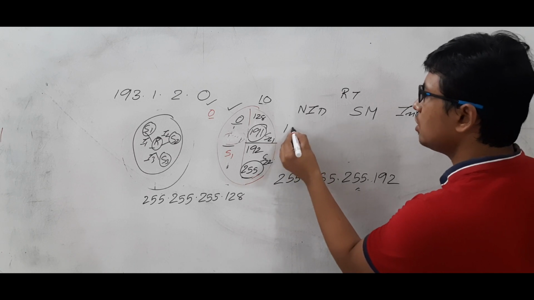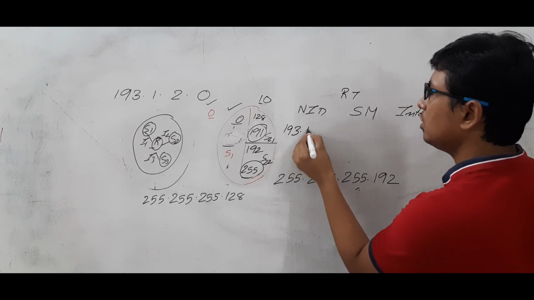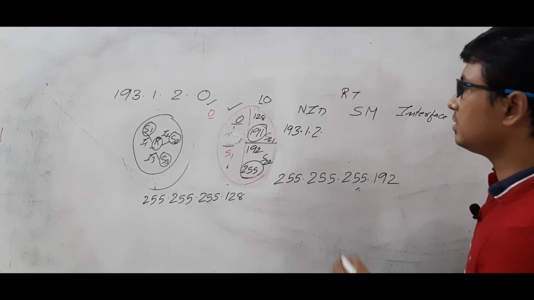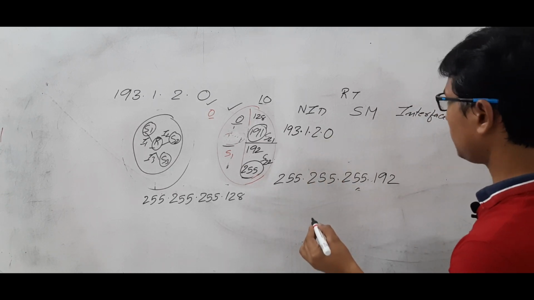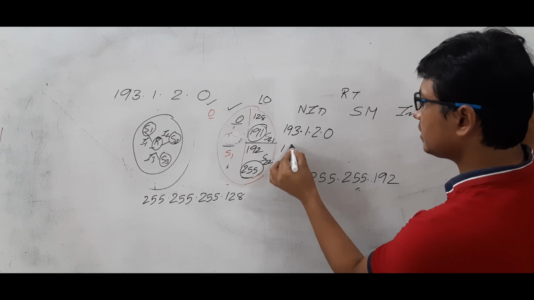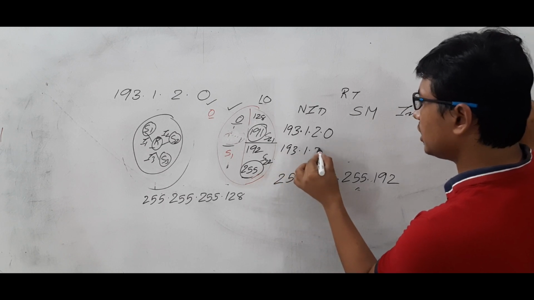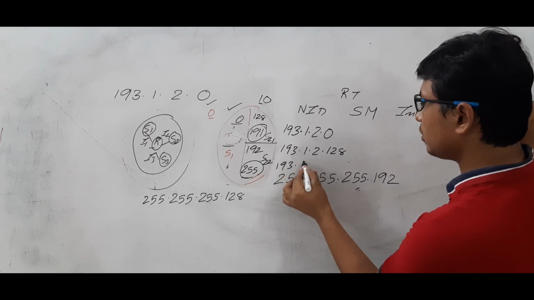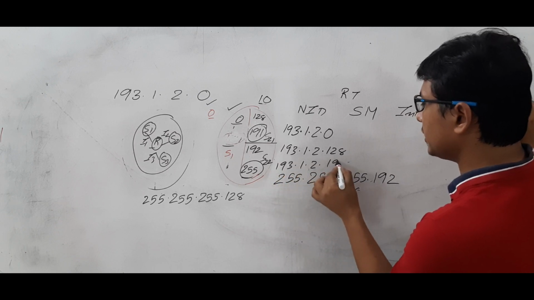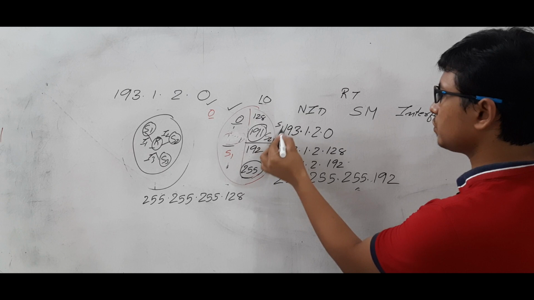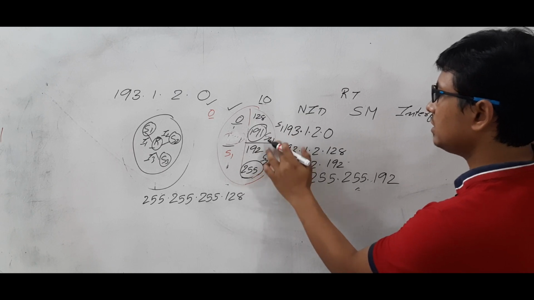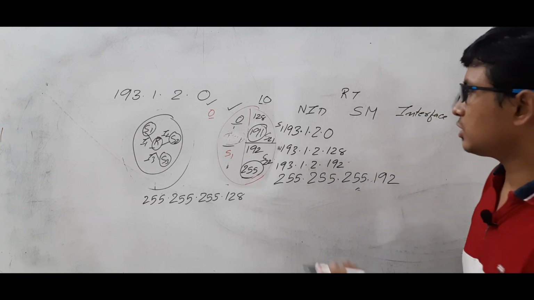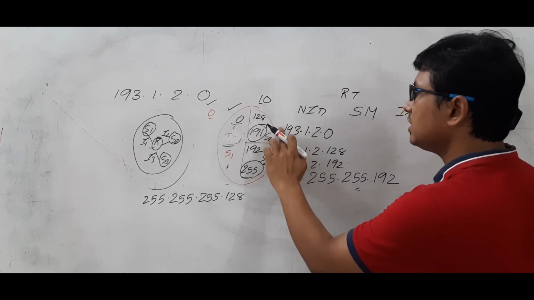So, it is 193.1.2.0, 193.1.2.128, and 193.1.2.192. This is for S1, this is for S2, this is for S3, because we have made it into 3 subnets.